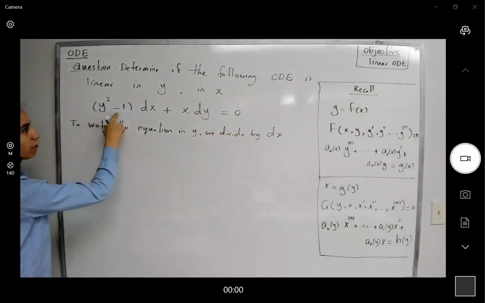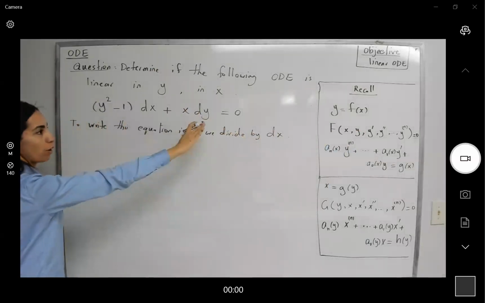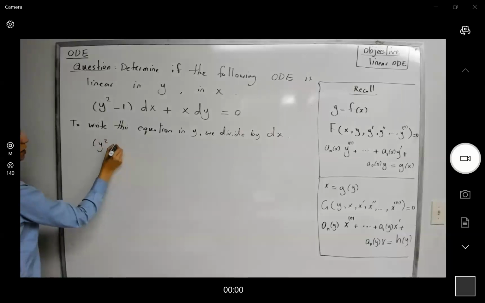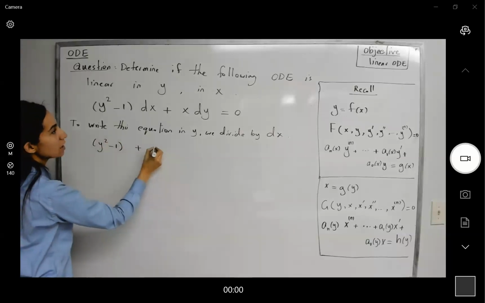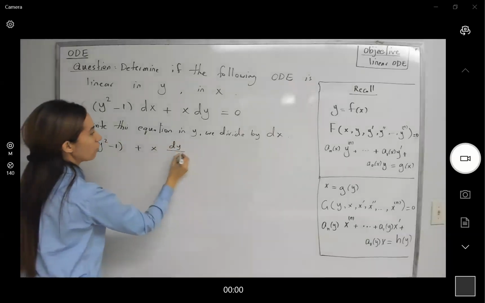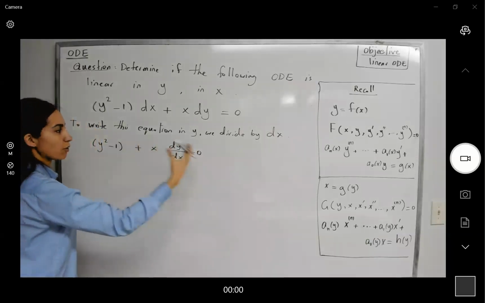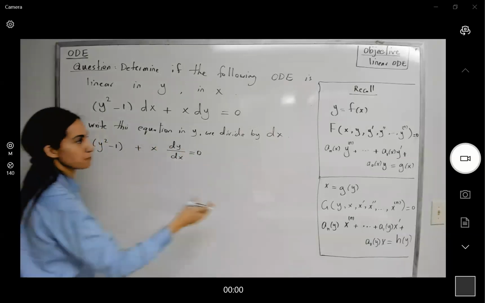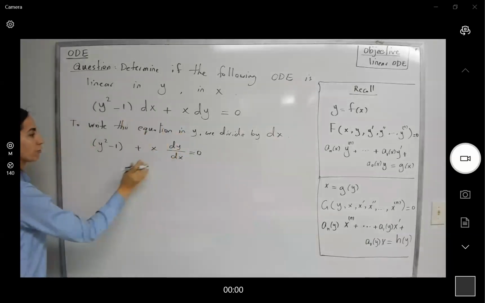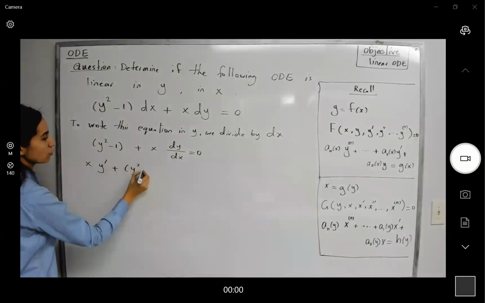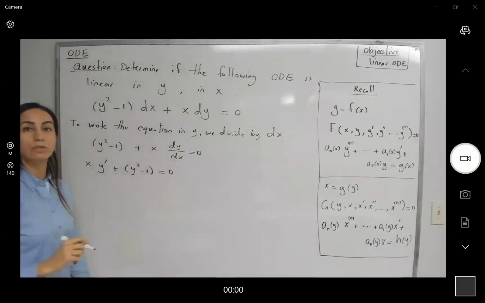So if we divide this equation by dx, we're going to end up having y squared minus 1 plus x dy over dx equal to 0. Or if you write it the way that we wrote a differential equation in general form, you're going to have x y prime plus y squared minus 1 equal to 0.